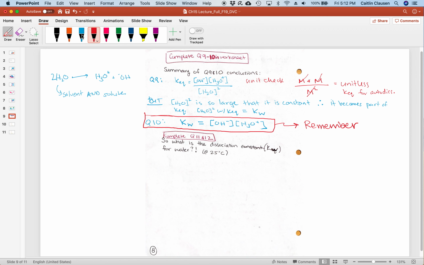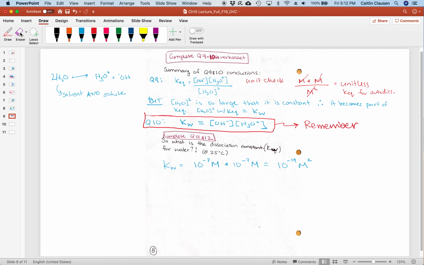We should find that Kw, at 25 degrees Celsius, is 10 to the minus 7 molar for OH times 10 to the minus 7 molar. When you multiply exponents, you actually add them together, so we get 10 to the minus 14 molar squared.